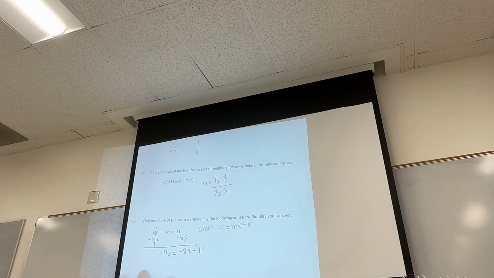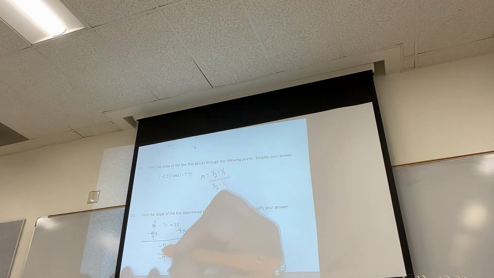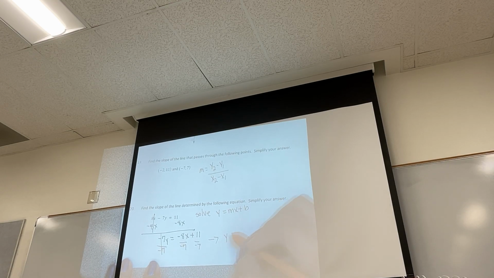Now we're dividing by negative 7 every term. 1, 2, 3 terms. What's a negative divided by a negative? So we get 8/7 x. We really don't care about the y-intercept, but we'll write it. Because the question says find what?